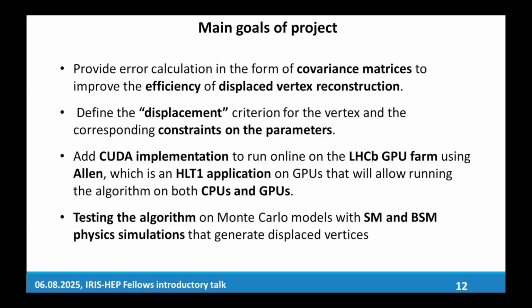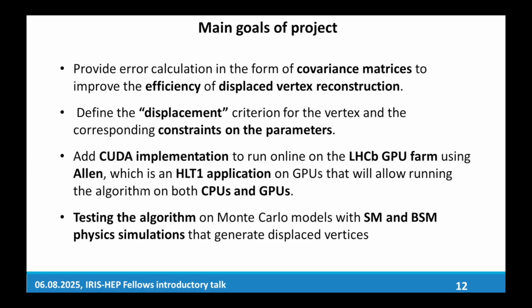And once this algorithm is ready, it will need a fast coding implementation to run online on the LHCb GPU farm. It can be done using Allen, which is the HLT1 application I talked about before. Allen will allow us to run the algorithm on both CPU and GPU.